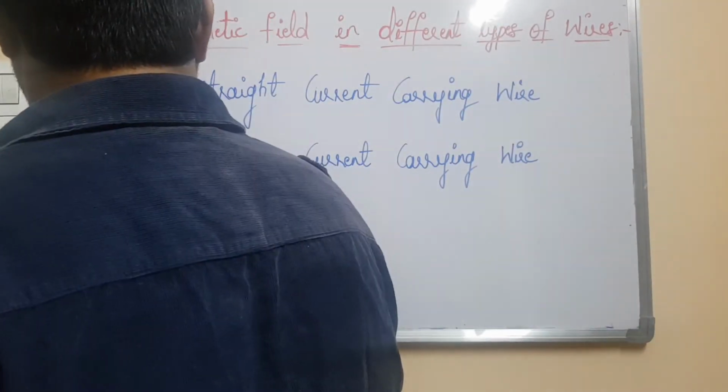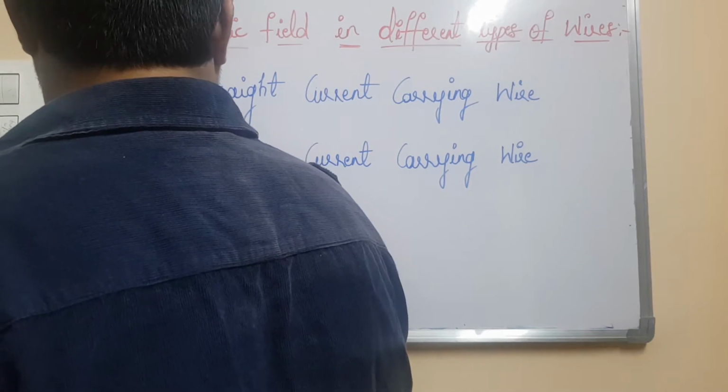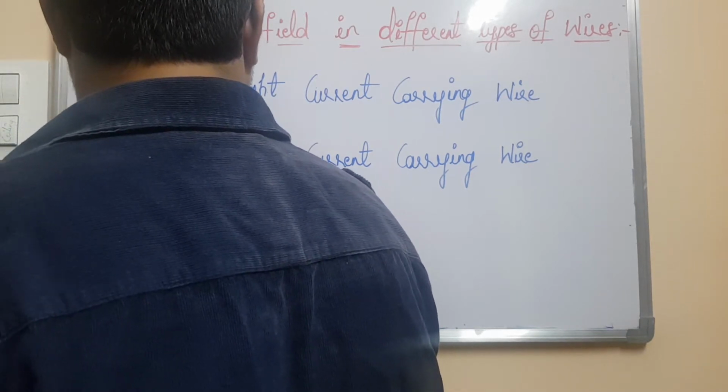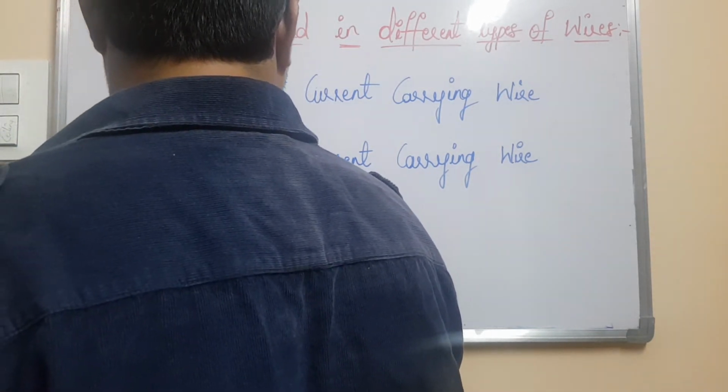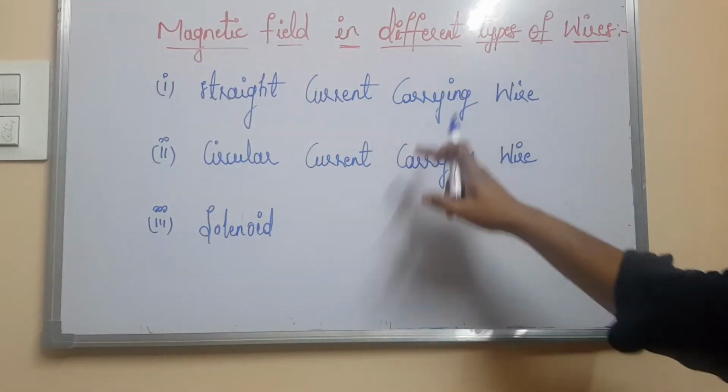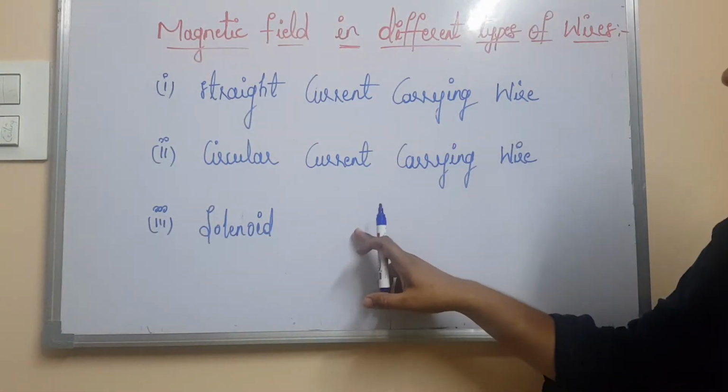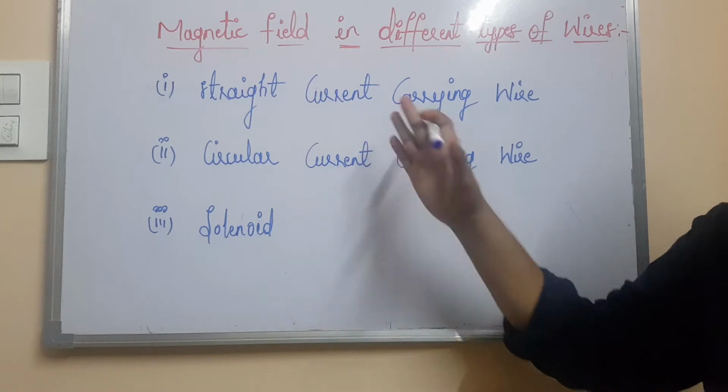And third one is solenoid. So in these three types of wires, we are going to see how the magnetic field is oriented.